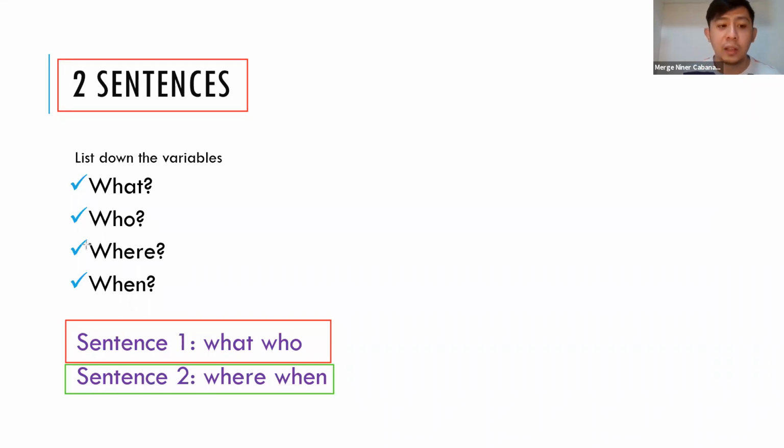All right. Now, list down your variables. We have asked the examiners about their preference when it comes to the variables. If your task contains your what, who, where, and when, and in your introduction you forgot to include the element of where, you will not get 7 anymore.